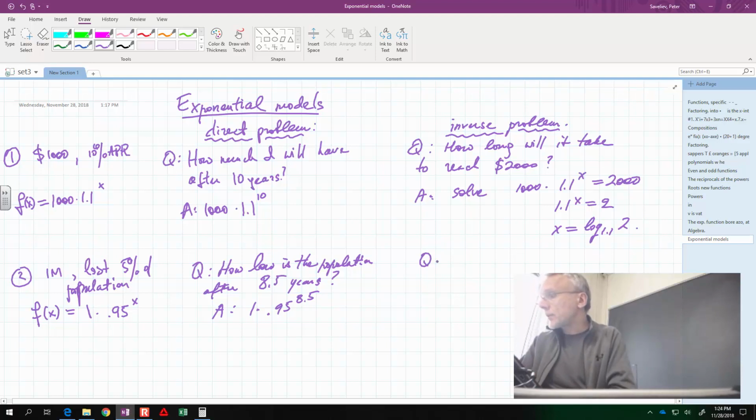Now the inverse problem is once again the question will be instead of how much or how little, the question will be how long or when. Well, let's put it differently. So when will the population reach, say, 500,000?